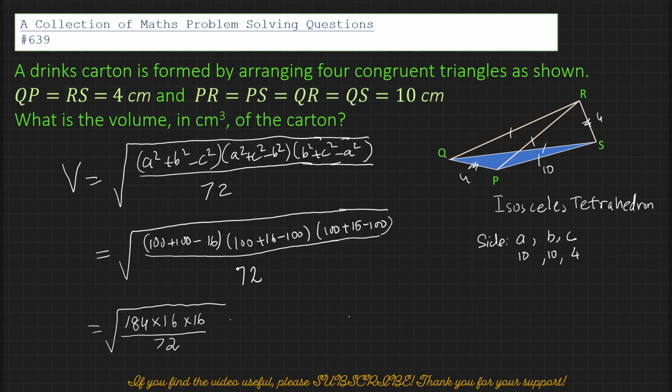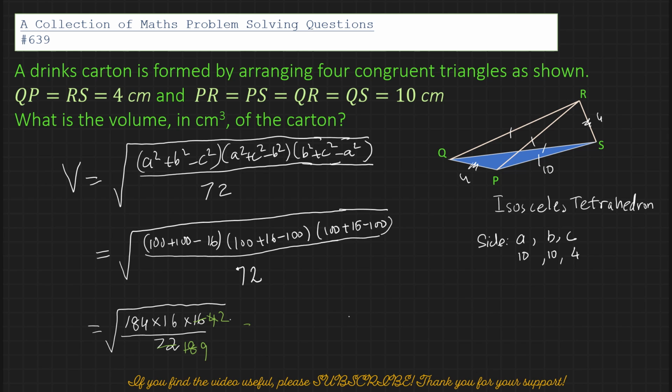Now we can cancel these. 4 times 4 is 16 and 4 times 18 is 72. And then again 2 times 9 is 18 and 2 times 2 is 4.